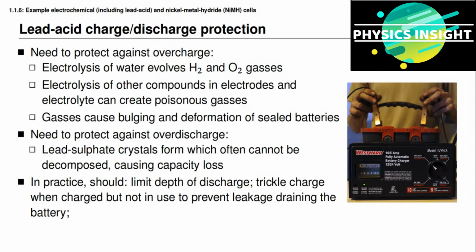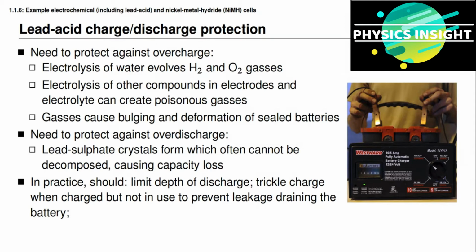Also note that lead-acid batteries have a property that's somewhat unusual. It's possible to trickle charge a lead-acid battery cell. That means that when the cell is fully charged, we can hold the terminals of this cell at a fully charged voltage, which continuously forces a very small amount of current to continue to flow into the cell and through this cell.